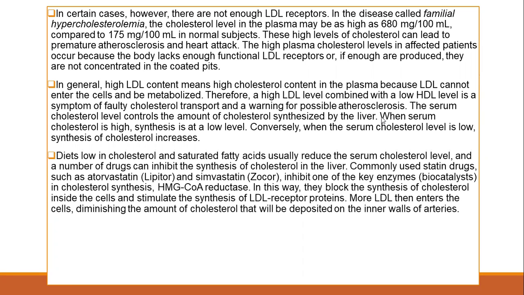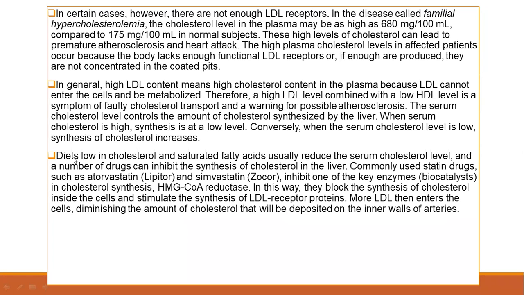But as now, sa pamani, diets low in cholesterol and saturated fatty acids usually reduce serum cholesterol level, and a number of drugs can inhibit the synthesis of cholesterol in the liver. Remember, that's the liver that synthesizes cholesterol, right? So there are drugs that could inhibit the synthesis, not just convert.